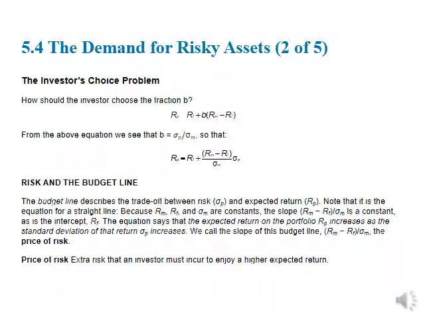We solve the same consumer maximization bundle, where we need to know consumer preferences and we need to know income and relative prices. The relative price in this case is the slope of the budget line, the expected returns on the market minus the riskless asset, over the constant risk in the market. This is the price of risk.